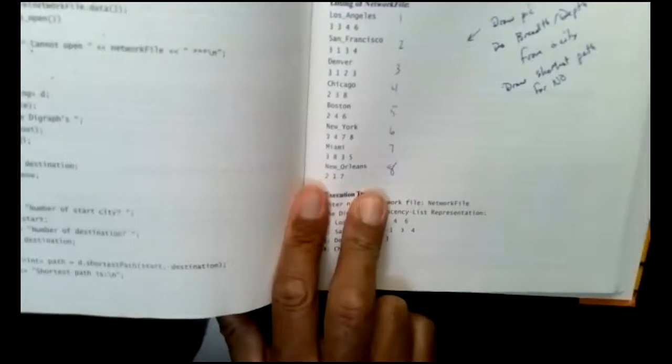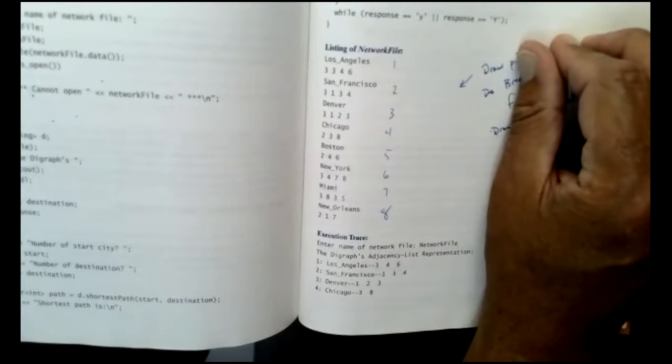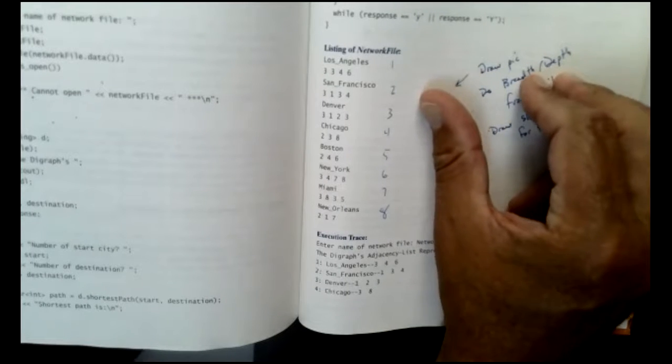All right. Next up, we're going to take a look at a program out of the book. First of all, we'll look at the data file to make sure we understand what's going on with it. In this data file, I have 8 cities. I'm on page 907 in the book. I have 8 cities: Los Angeles, San Francisco, Denver, Chicago, Boston, New York, Miami, New Orleans.